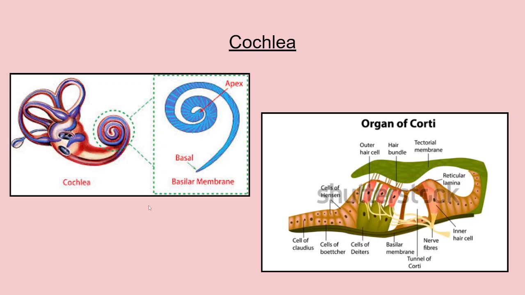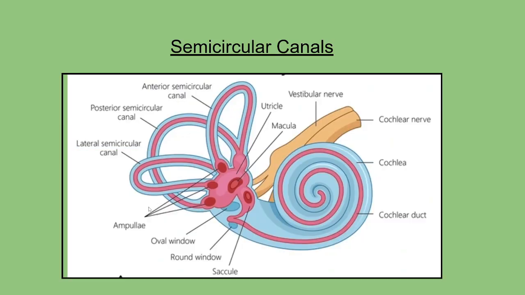Now we come to the semicircular canals, which are also part of the inner ear. These are the semicircular canals. They are three fluid-filled loops in the inner ear that play a vital role in balance and spatial orientation. They are primarily responsible for maintaining balance by detecting rotational movements of the head.